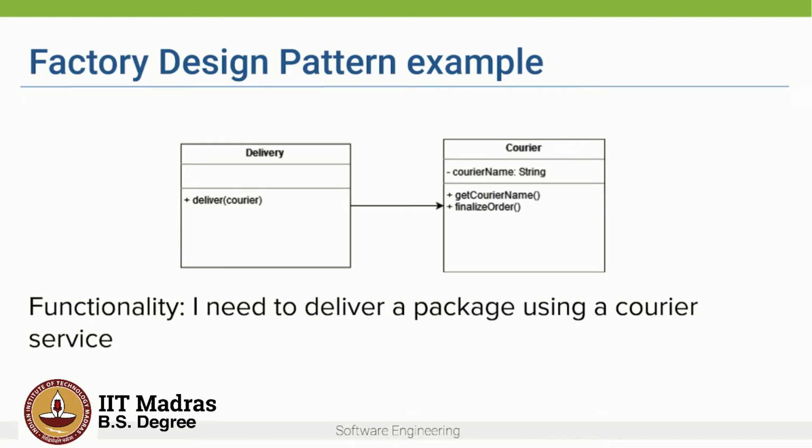One is the delivery, which delivers the package using a particular courier service. Courier forms another class, and we see that there is an association between delivery and courier. The delivery class has a method called deliver, which takes courier as an argument.